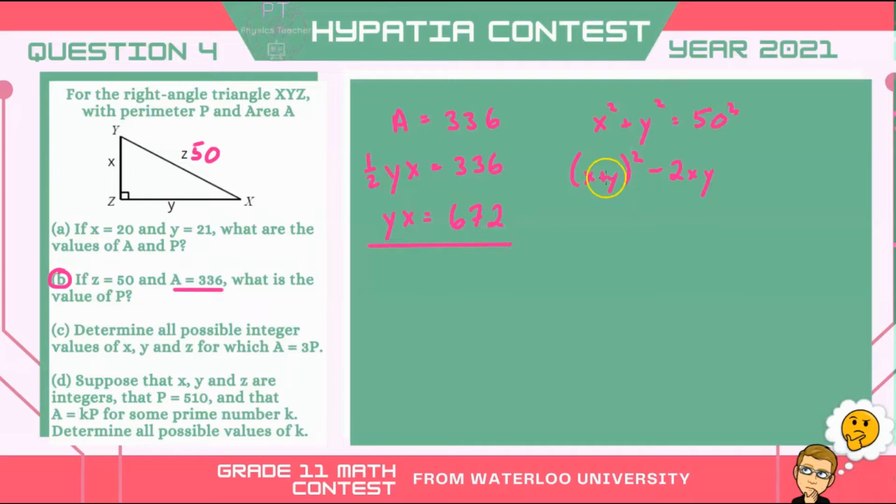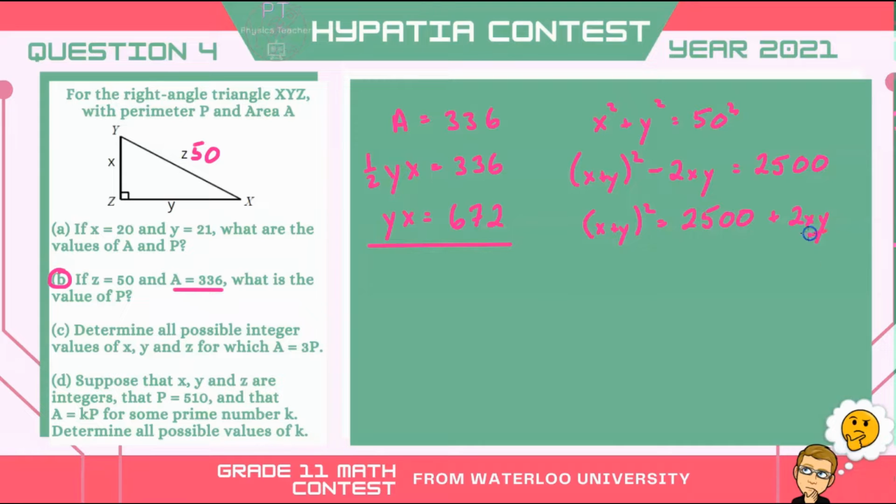So to make sure these left sides are equal, I'm going to subtract that 2xy. And that's going to equal 50 squared, which is 2,500. So I'm just going to rearrange to x plus y squared is going to equal 2,500 plus 2xy.